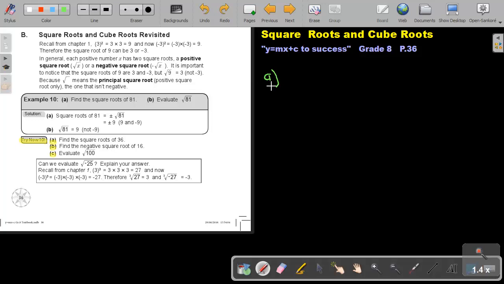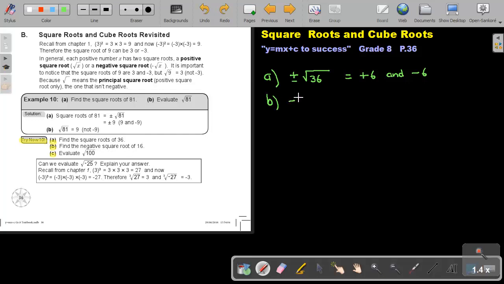Okay, let's start. Find the square roots of 36. Because I'm putting it in words, it's actually meaning this. And I know that the square root of 36 will be 6, so it's positive 6 and negative 6. But if I look at B, find the negative square root of 16.